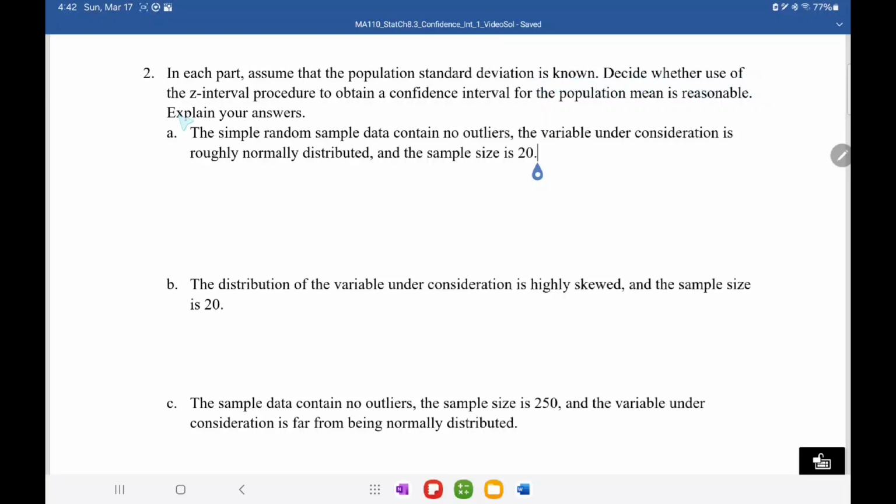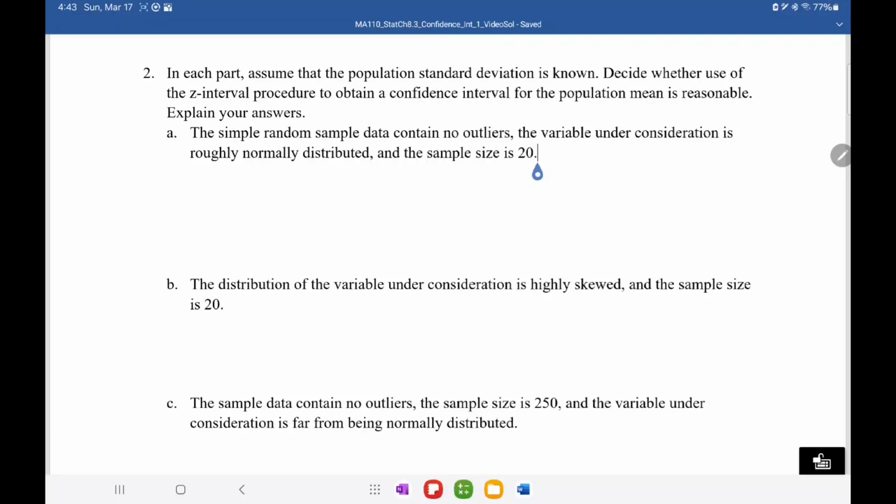Decide whether use of the z-interval procedure to obtain a confidence interval for the population mean is reasonable. Explain your answers. Part A gives us some conditions. The simple random sample data contains no outliers. The variable under consideration is roughly normally distributed and the sample size is 20.